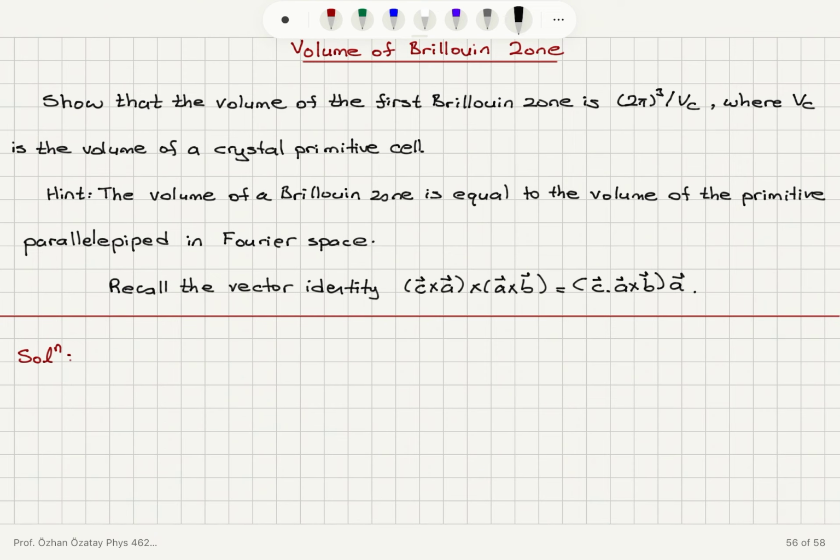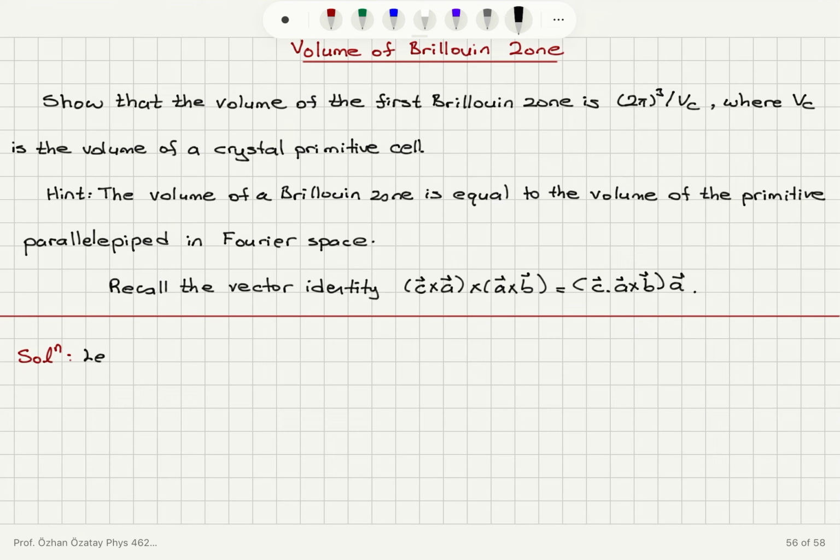Okay, so first of all, I want to remember how to calculate the volume of a parallelepiped. So let's start with defining the primitive translation vectors.